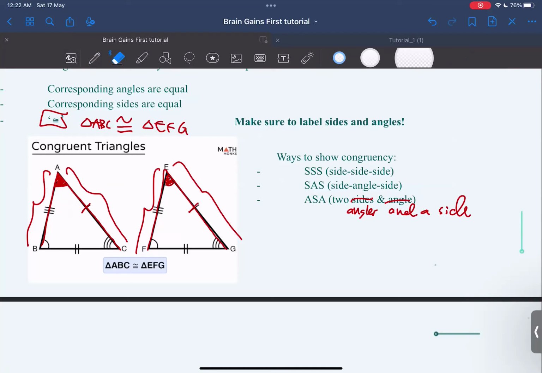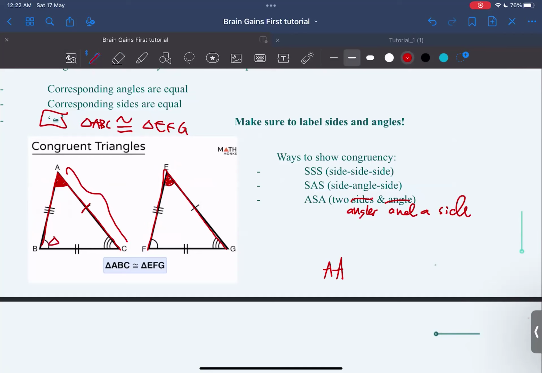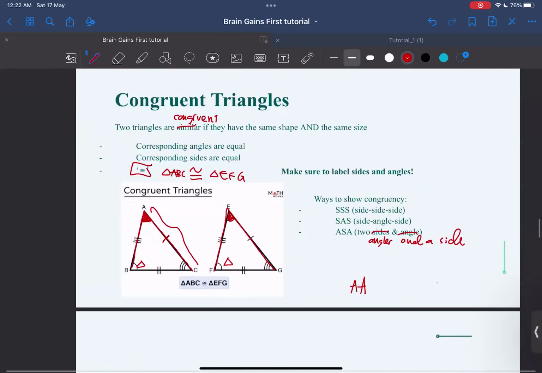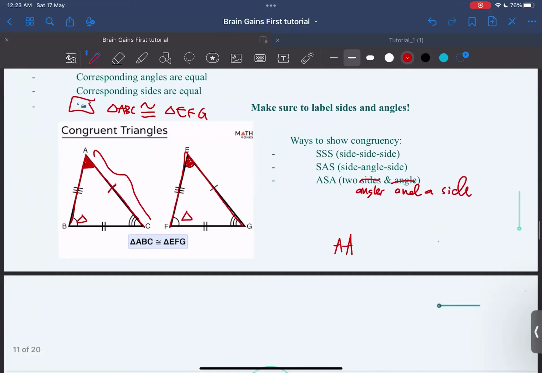Yeah. Okay, so like we talked about before, if we've managed to prove that two corresponding angles are equal, for example, this red one I've marked here and maybe this one down here, then it follows very naturally from what we talked about before that this third angle has to be equal as well, right? That's just the property of triangles. Now, that's why there's two A's, right?